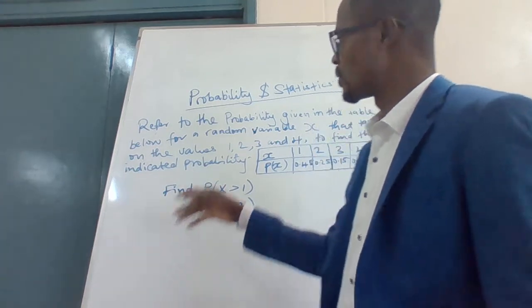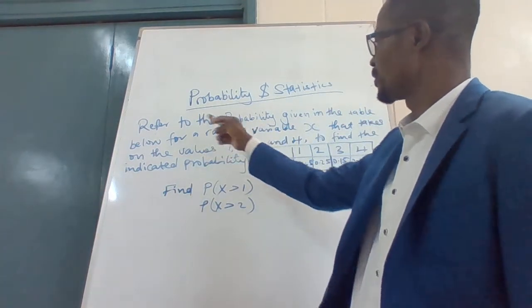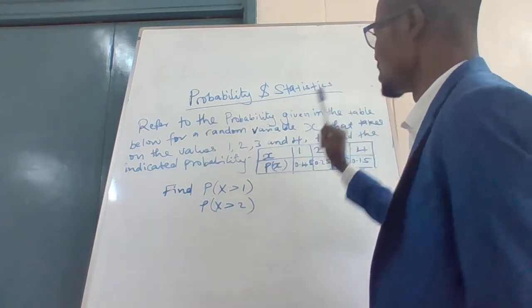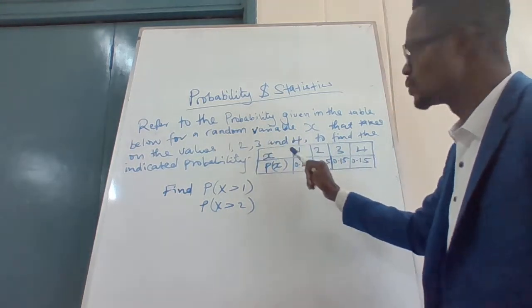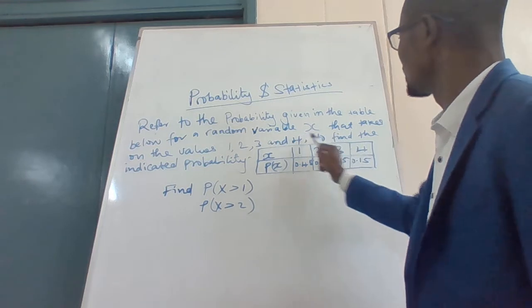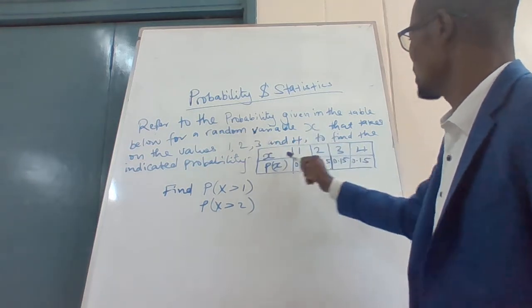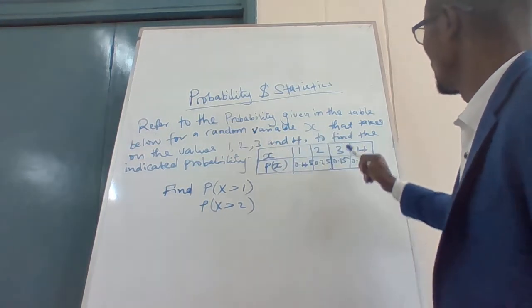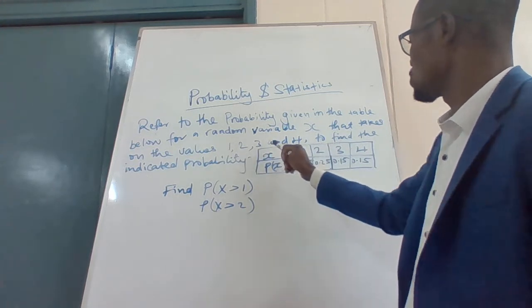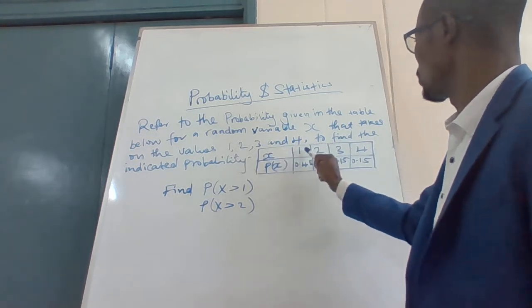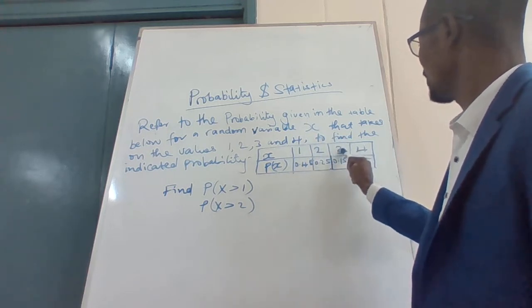function. So in our question, we are asked to refer to the probability given in the table below. And this is the table below. We are given this table and we are to find, this is our random variable x. X represents the random variable and that takes on the values 1, 2, 3 and 4. That's why we have x to be 1, 2, 3, and 4.